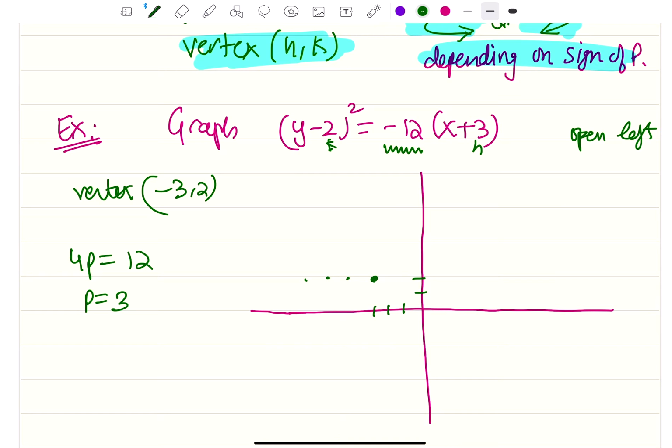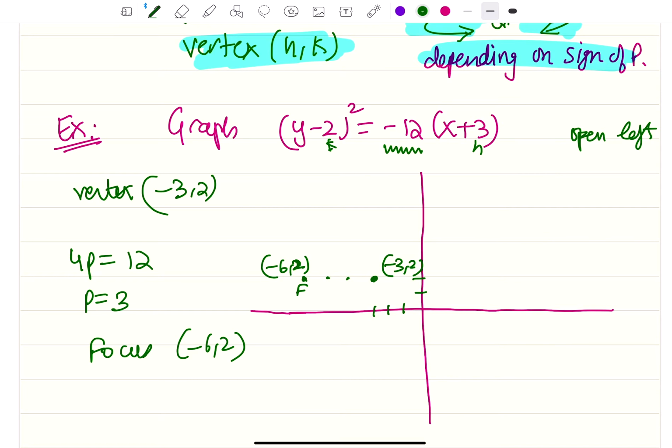The vertex coordinates were (-3, 2). If I go 3 more to the left, I will be at (-6, 2). So the coordinates of the focus are (-6, 2).